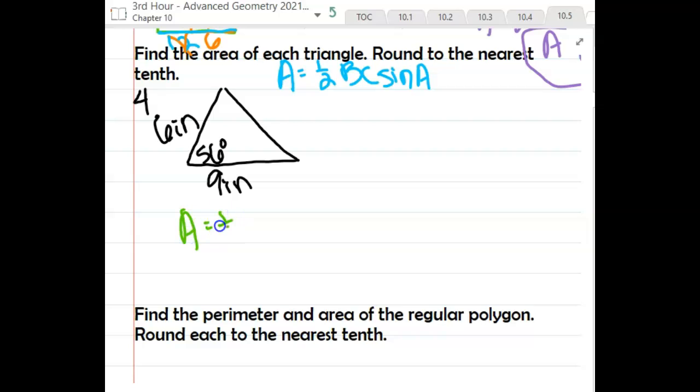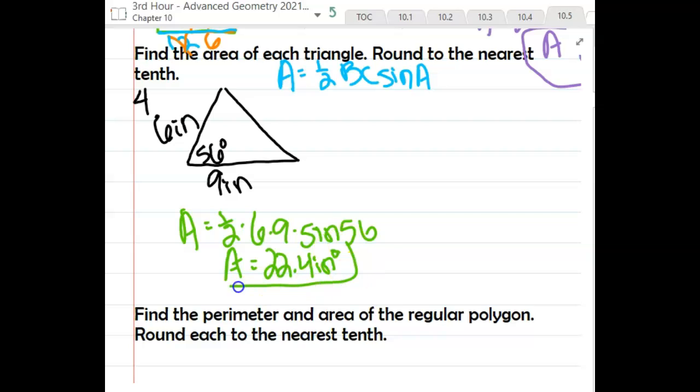To find the area, you're going to take 1/2, multiply the 2 sides together, so 6 times 9, multiply that by the sine of the included angle, so sine of 56. And you should be able to just plug this all into your calculator in one big long string, and we should get about 22.4 inches squared.